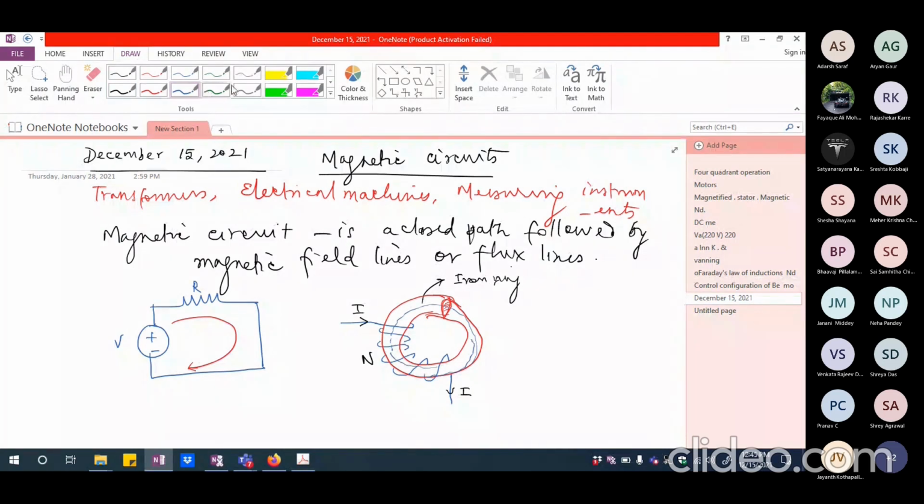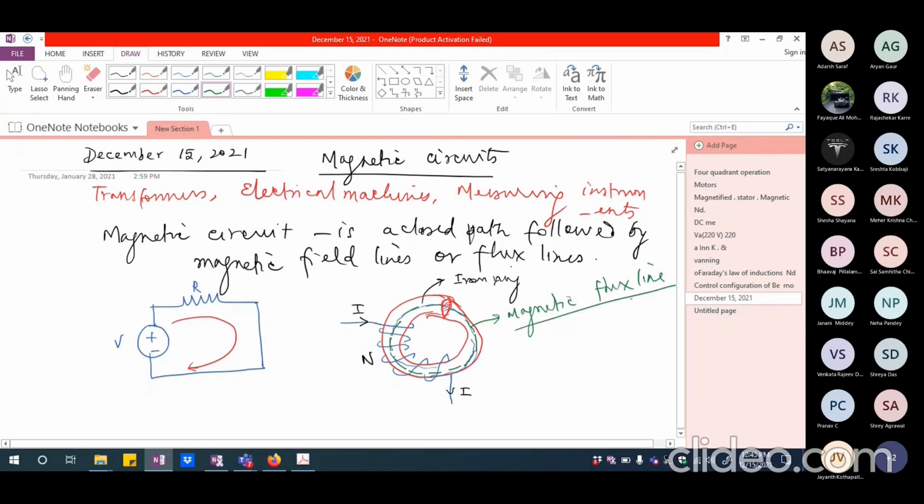Let me draw this in a different color so that it is clearly visible. I'm going to have a flux line which goes in the same circular path and goes around like this. This is the magnetic flux line.